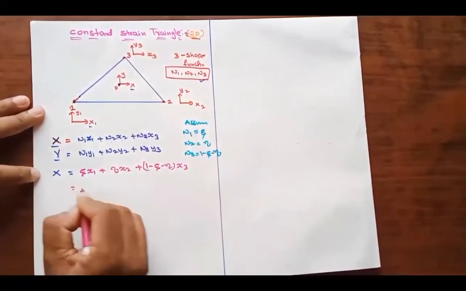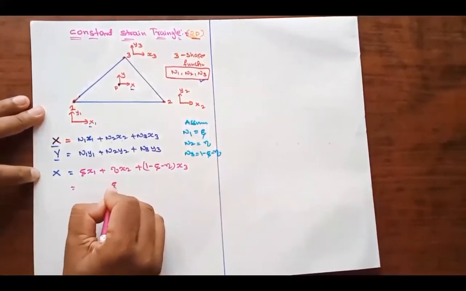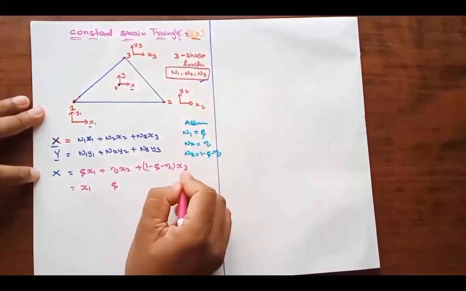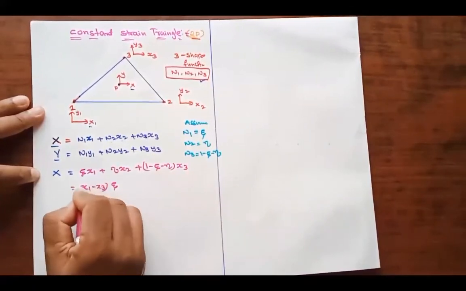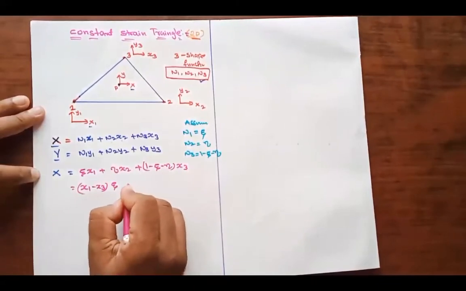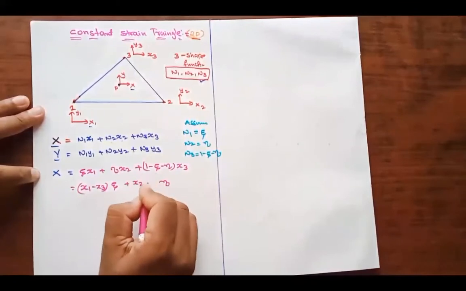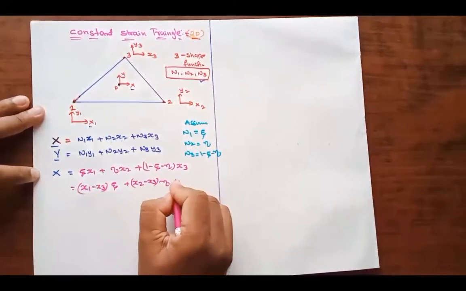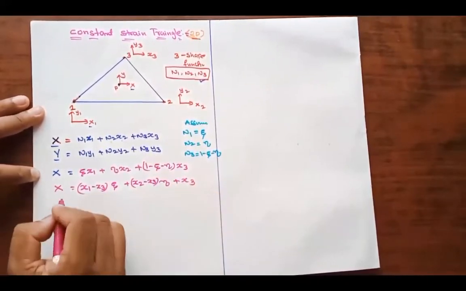The zeta terms give x1 minus x3, multiplied by zeta. Next, separating the eta terms, it can be written as x2 minus x3 times eta, and the last term would be plus x3. So this is the capital X at the given point P.